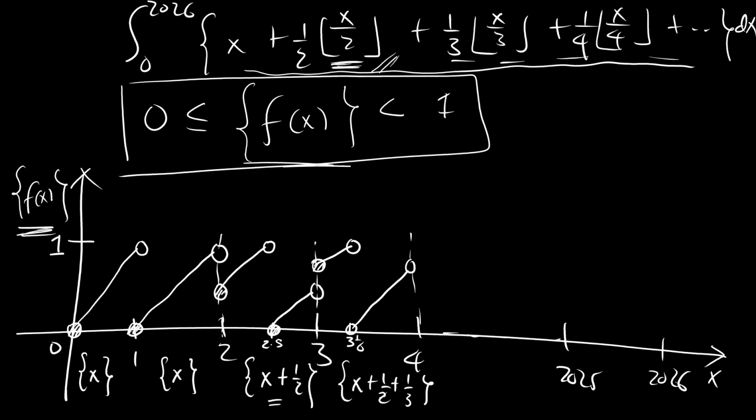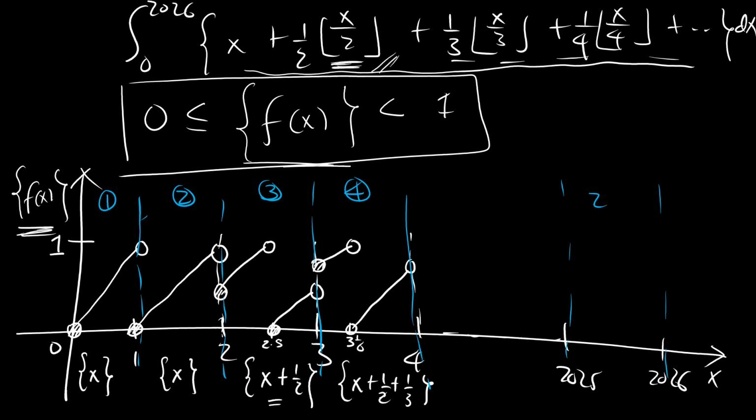So one thing we may want to do is divide these domains. So I have 1, 2, 3, 4, all the way up to 2026.